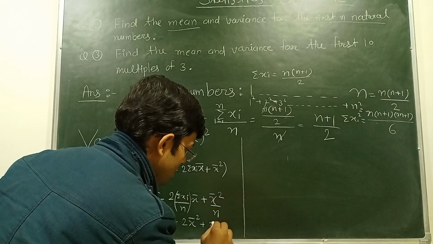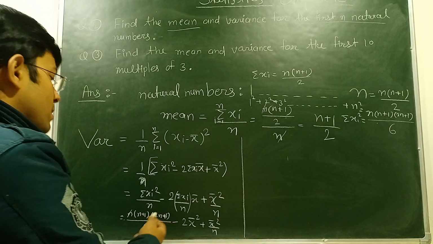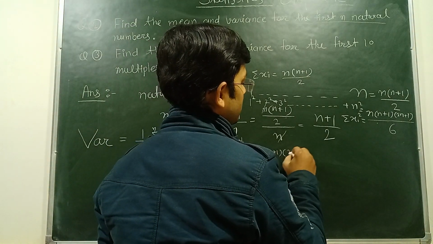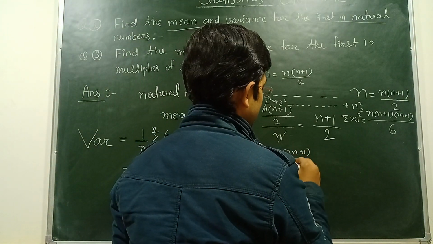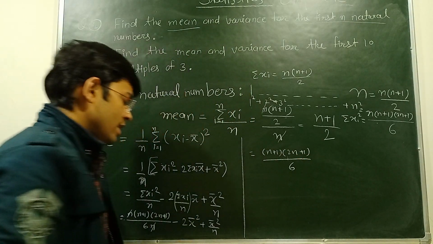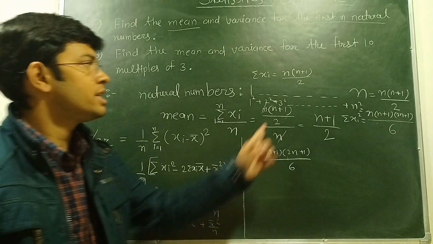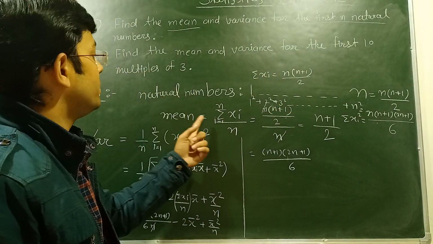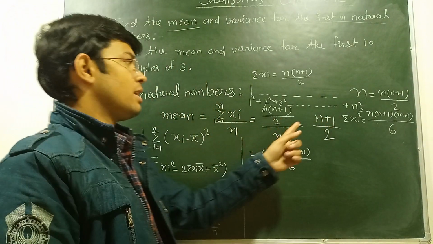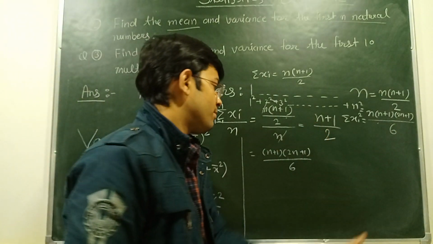Here we can see that x bar is equal to the value of the mean, which is n plus 1 upon 2. So we can put n plus 1 upon 2 in place of x bar.